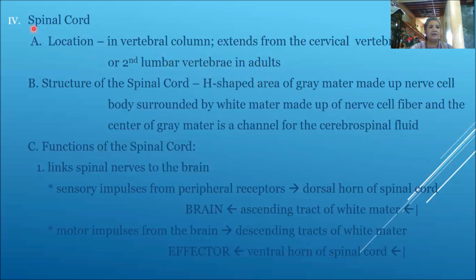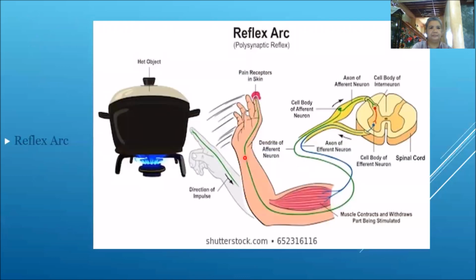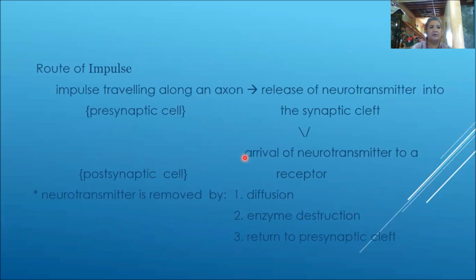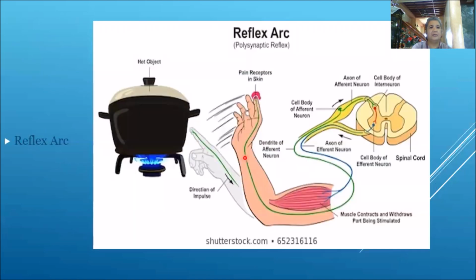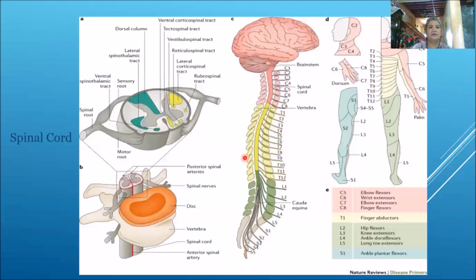Now, the spinal cord has an H-shaped area of gray matter made up of nerve cell body, surrounded by white matter made up of nerve cell fiber, and the center of the gray matter is a channel for your cerebrospinal fluid. So you have here the spinal cord.